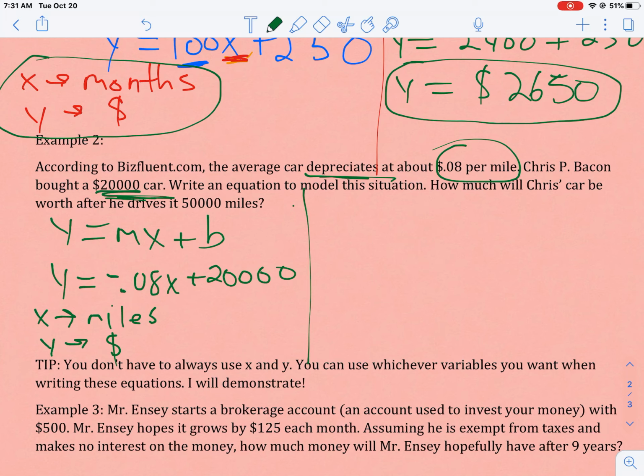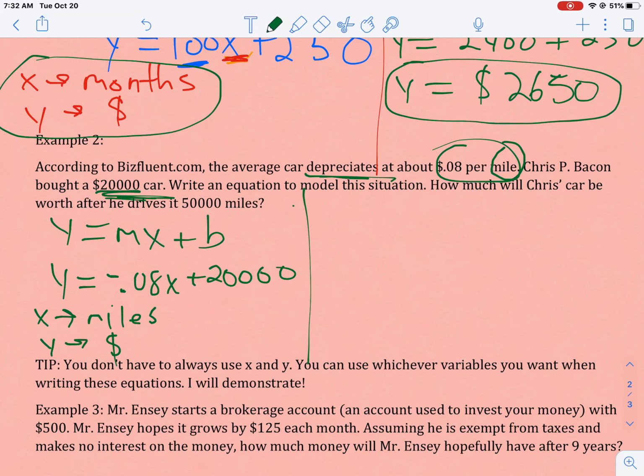Something that's changing depending on something else. And usually the word after per is what x means. So just a heads up there. So, if it said 100 miles per day, x would be days. Or if it said $1 million per year, x would be years, right?